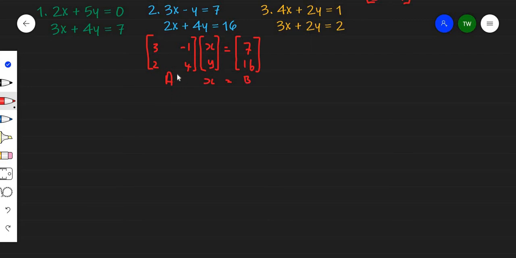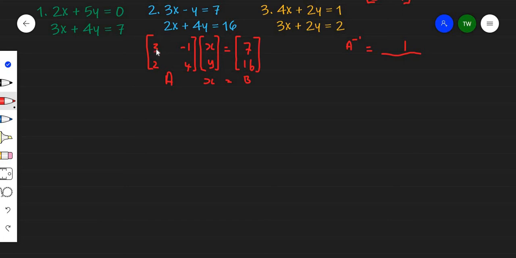Now our second step is to multiply both sides by the inverse of A. So we need to calculate the inverse of A first. So quickly going to find the inverse of A. So A inverse is going to equal 1 over the determinant. In order to find the determinant, we simply multiply the main diagonal.